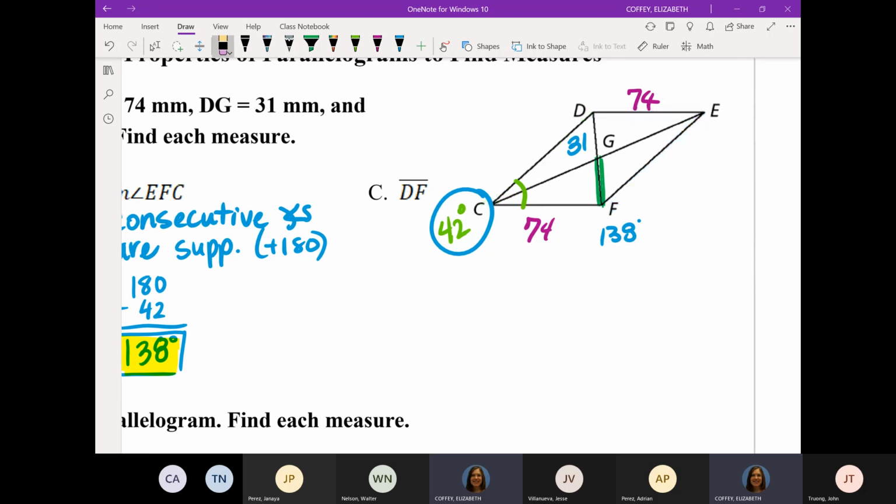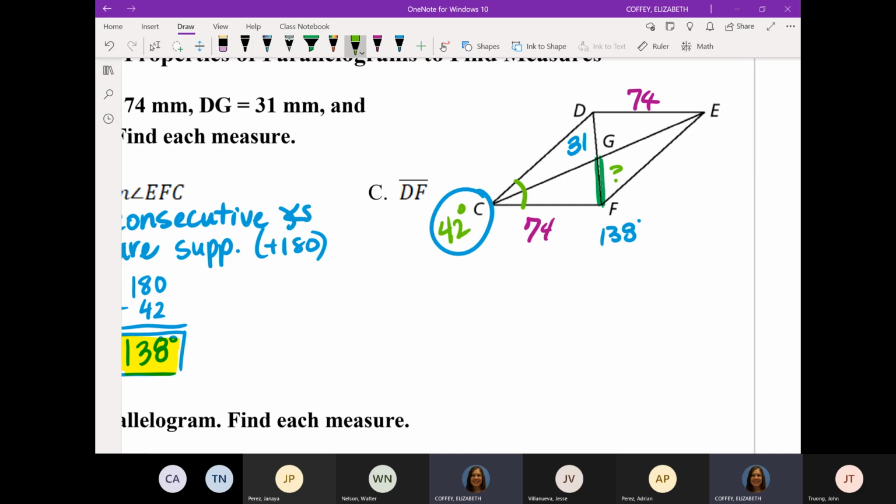All right. So in order to find this piece inside of your parallelogram, you need to use the fourth property that we talked about. Look on the left of your note. Look down at the bottom left. The fourth property says the diagonals bisect each other, cut in half.